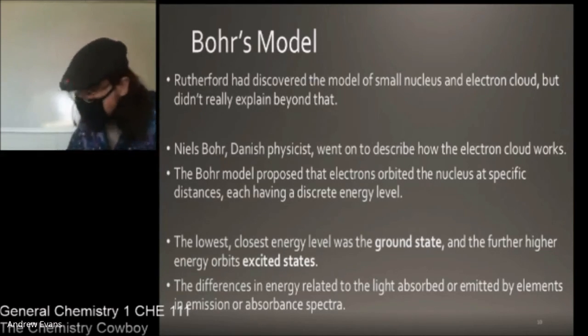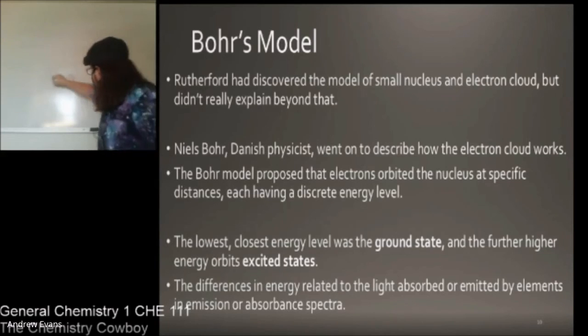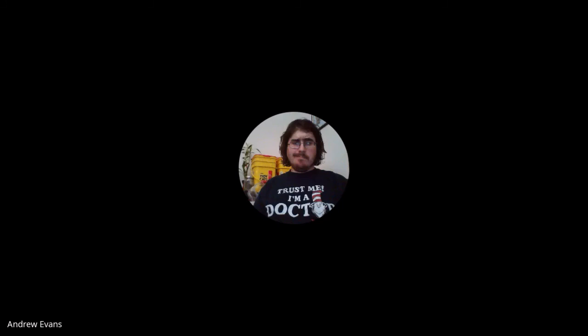That's not showing up too well, is it? Let's see if this one's any better. Okay. But it's just basically that we show the atom with the electrons orbiting around it. But we don't really explain it beyond that.